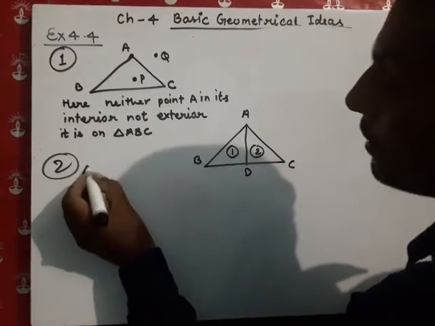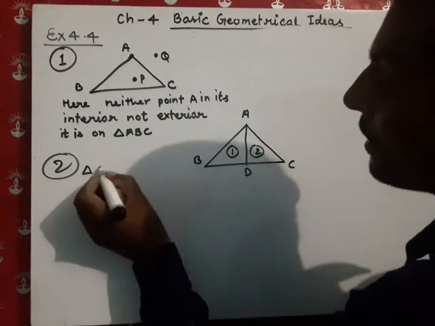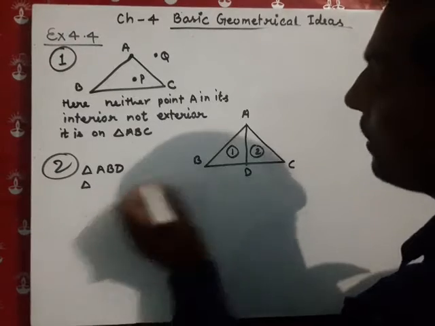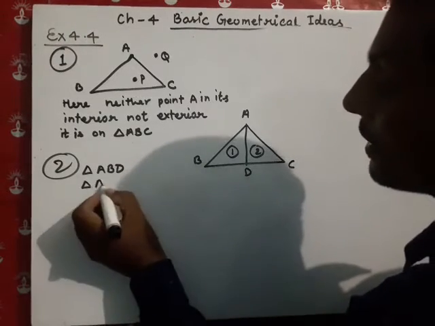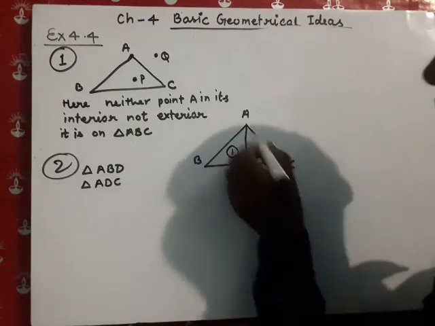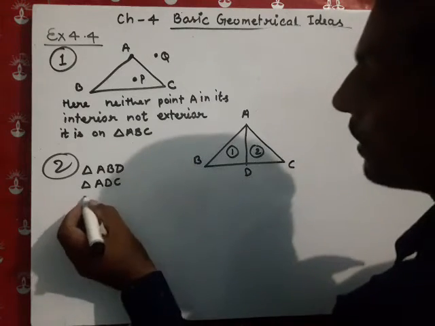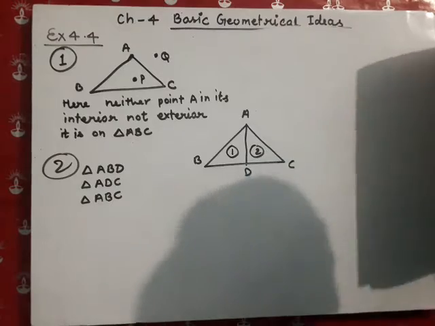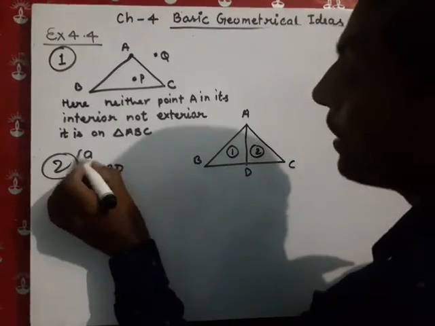So we write triangle ABD, the first one; triangle ADC, the second one; and now the bigger one, triangle ABC. So these are the names of the 3 triangles. This is the answer of part A.